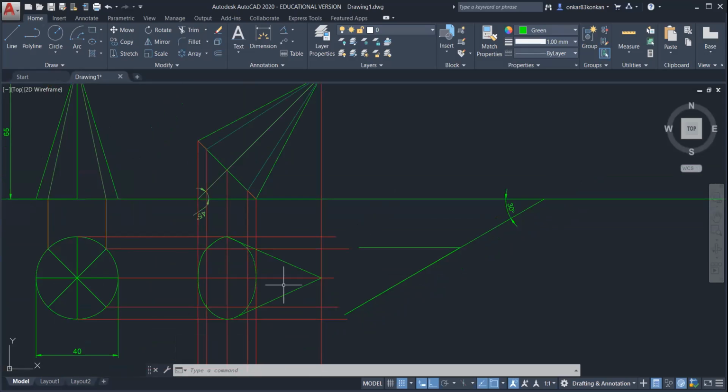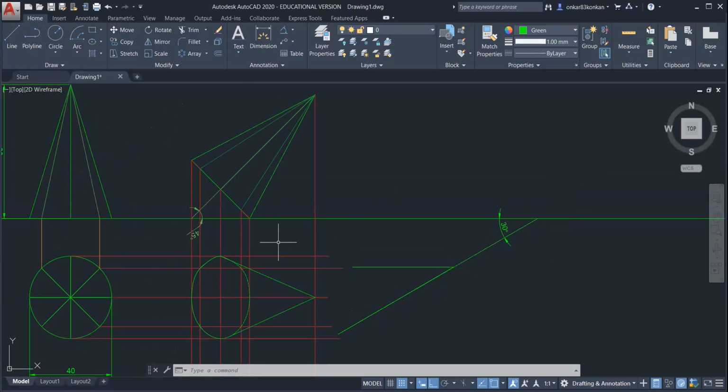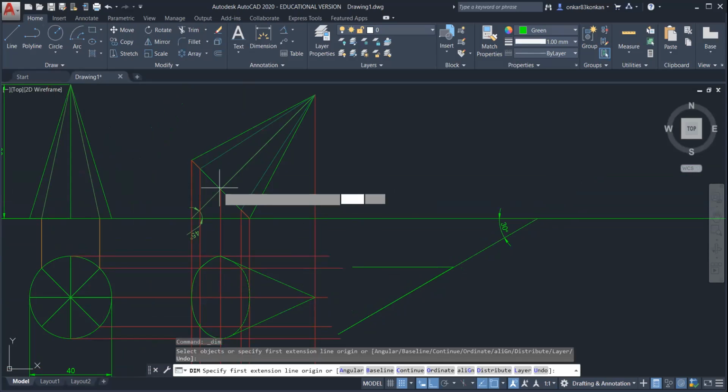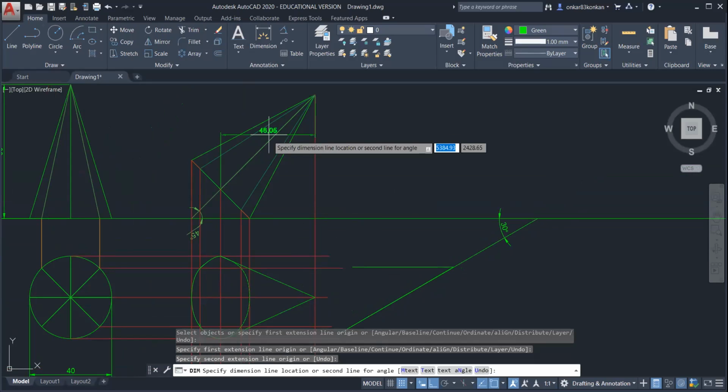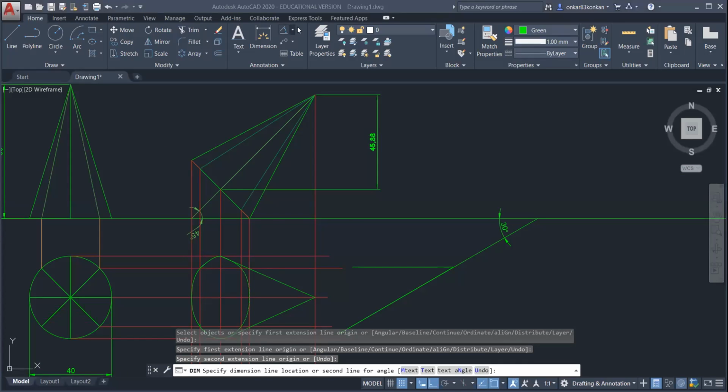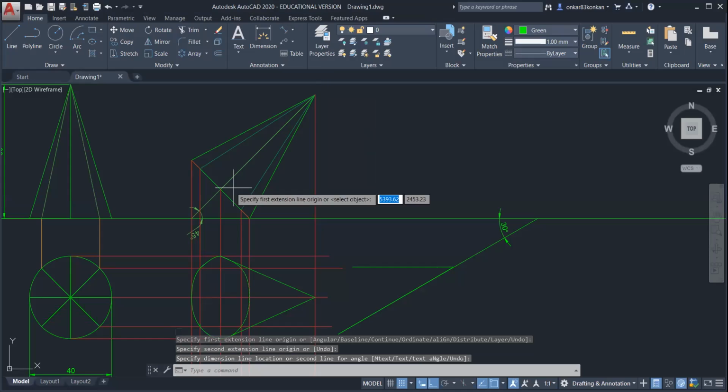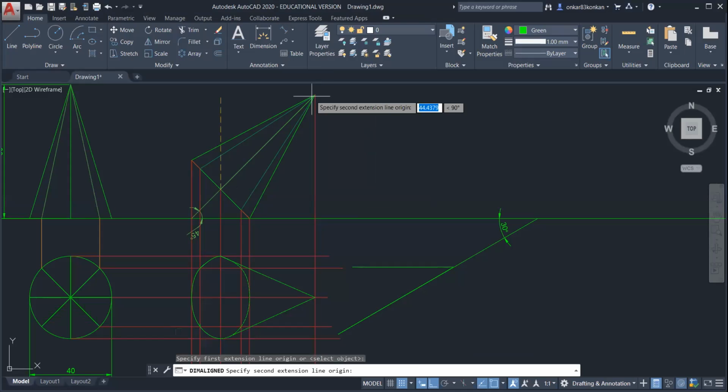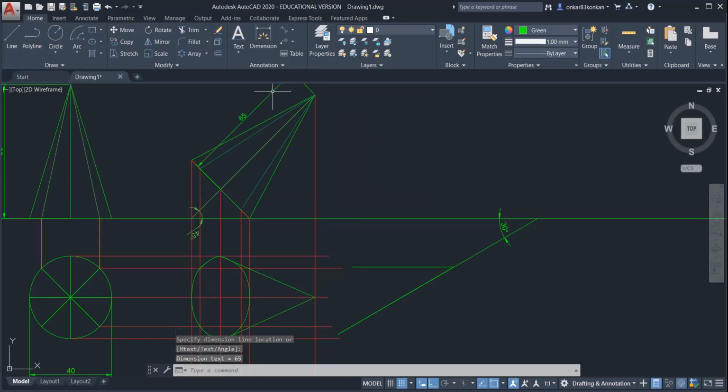Now take the distance in your compass which is equal to the top view of the axis. So how can you get the top view of the axis? Just observe the second stage top view. Here, this dimension, this is the true length, that is equal to 65 mm.